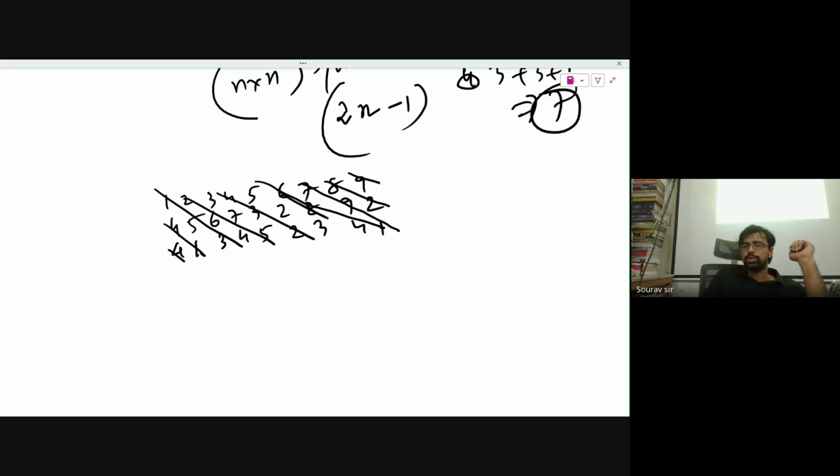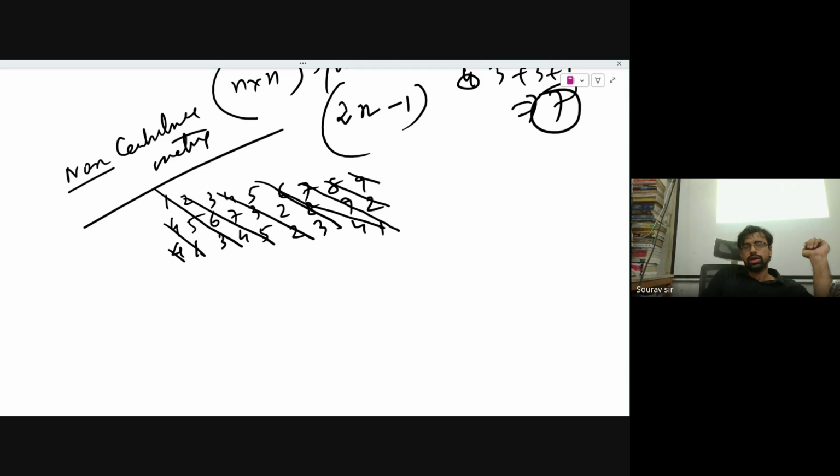In this way we can move ahead. And here, as there is no middlemost value to judge, this is called a non-centralized matrix. Non-centralized matrix means there is no principal diagonal. It's all about super and subdiagonalism.